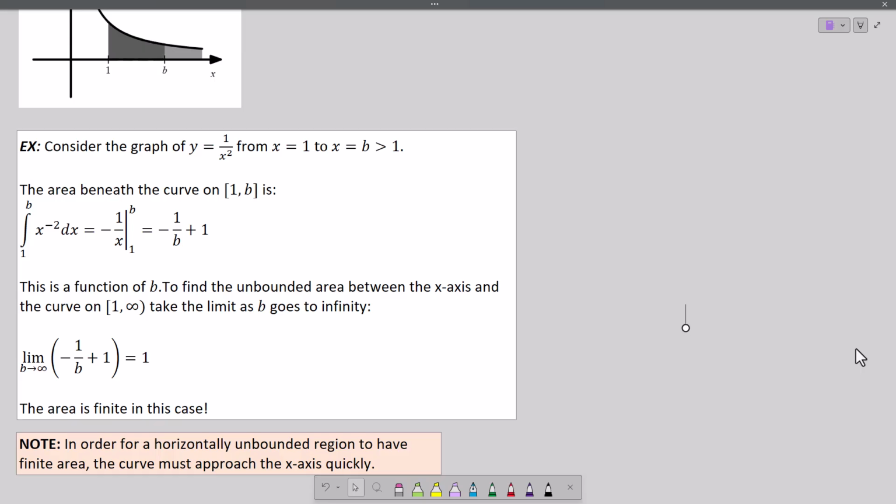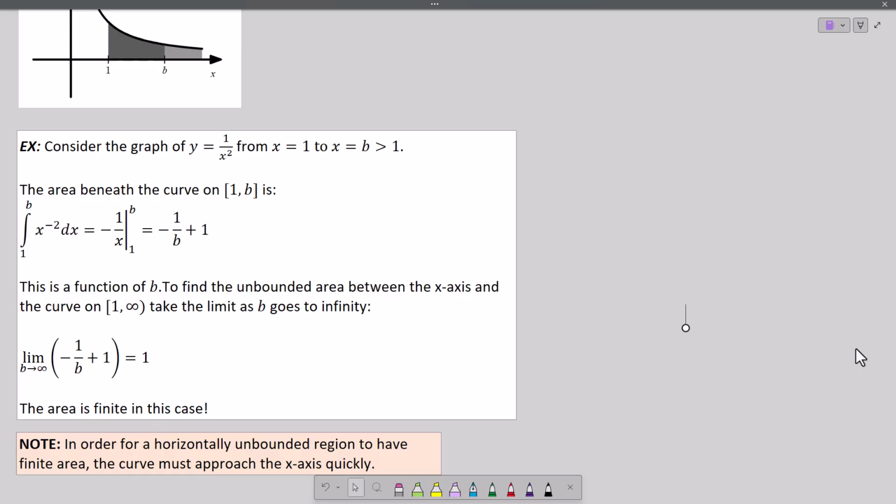If you plug in b equals 2, you get negative 1/2 plus 1, which is 1/2. So if b was 2, the area would be 1/2. If b was 3, so if we were going to integrate from 1 to 3 under this curve, we would get 2/3. We get 1 minus 1/3. If we were going to integrate from 1 to 4, we would get 3/4, right? Everyone following?